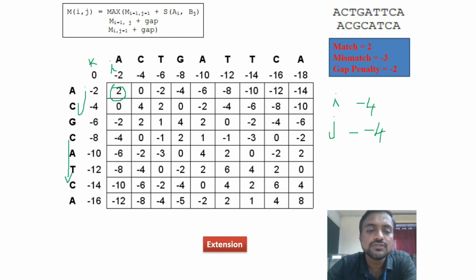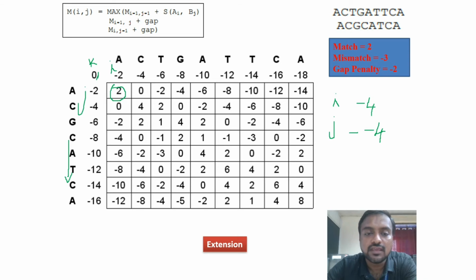Now let's go on to the third eventuality. What is the value of K? The value of K here, the immediate cell that is in the form of a diagonal, is 0. This is K for the cell. So K plus match or mismatch. How would I know whether it is a match or a mismatch? Look at the intersecting cell and identify what character we have on top of it.